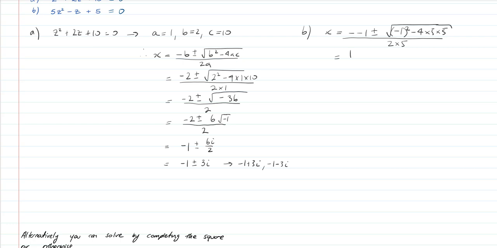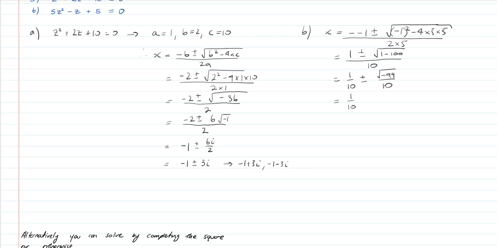And this becomes 1 plus or minus the square root of 1 minus 4 times 5 is 20 times 5 is 100. 1 minus 100. So this looks less likely to be nice. Over 10. Now I might break it up into real and imaginary now. 1/10 plus or minus the square root of -99 over 10.